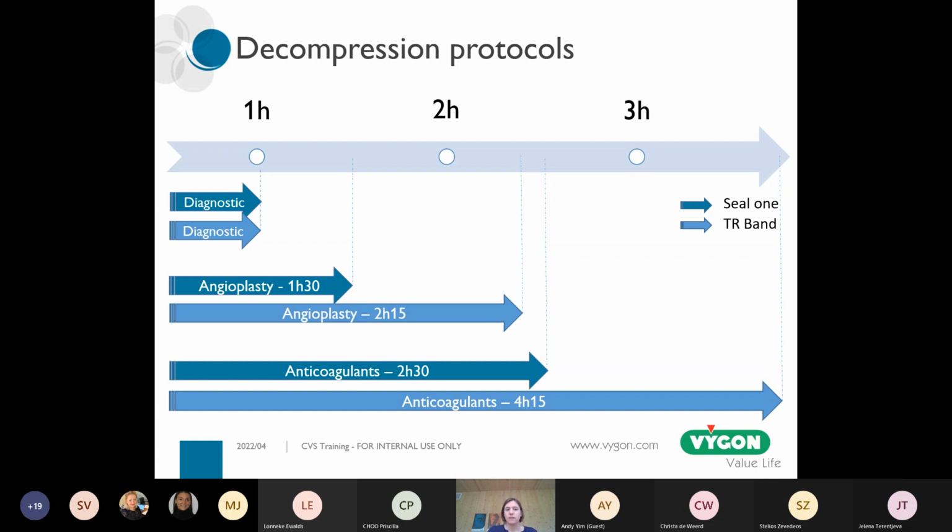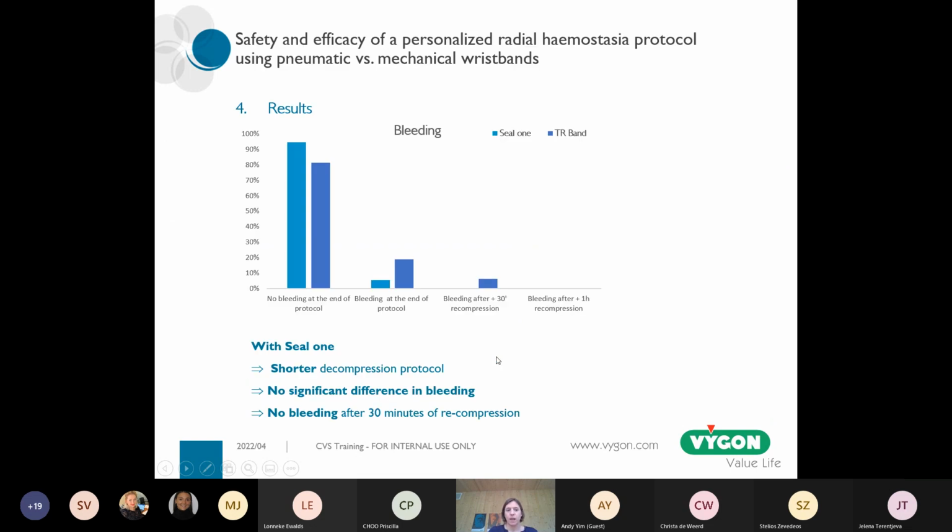One thing we can see is that the decompression protocol for SIL1 is shorter than with TR-band, for angioplasty and for patients with anticoagulant. And the results for bleeding: with SIL1, the decompression is shorter. There is no significant difference in bleeding with TR-band, and there is no bleeding after 30 minutes of recompression. So they are very good results.